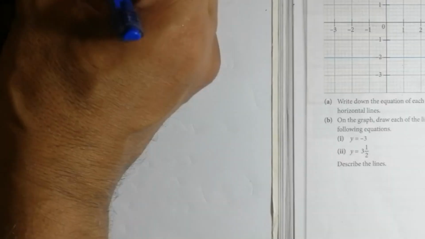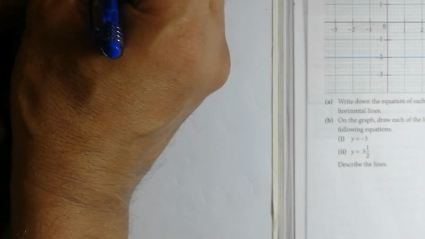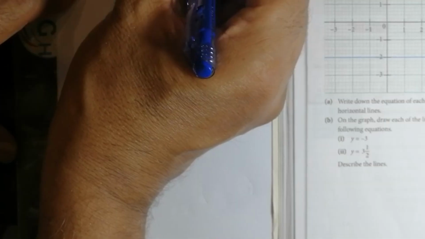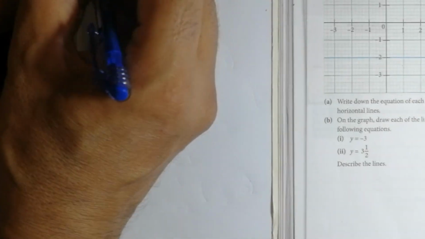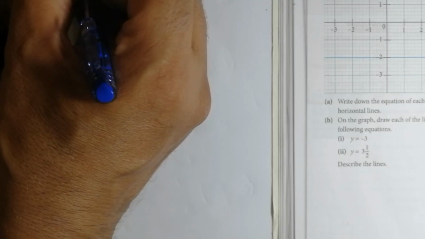Now part E of this question, 1 by 2 y plus x equal to minus 2. Now we put the value of x equal to 0.